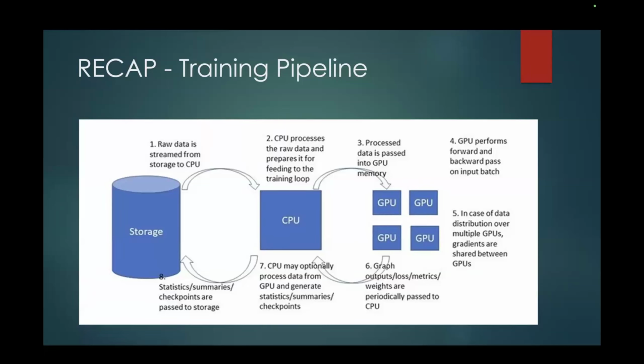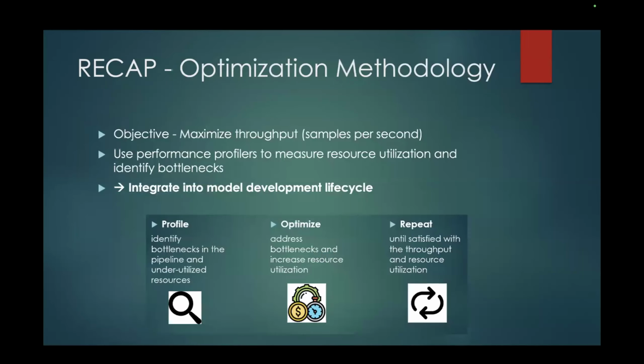We further discussed the holy trinity of performance optimization, where we iteratively profile the model performance to identify bottlenecks in the pipeline and resource underutilization, optimize the model based on the results of the profiling analysis, and repeat continuously until we feel that we have addressed all the optimization opportunities and reached our desired maximum throughput.